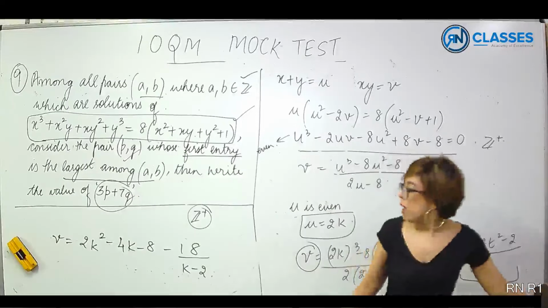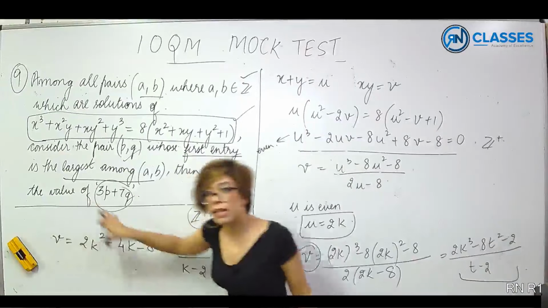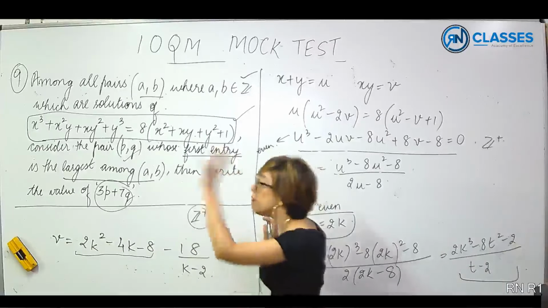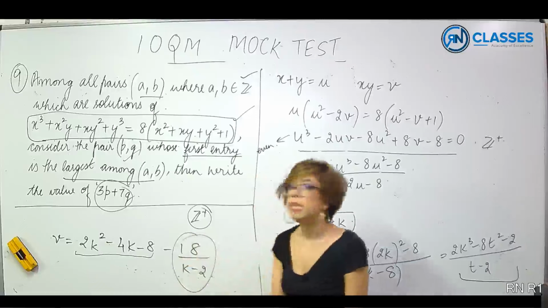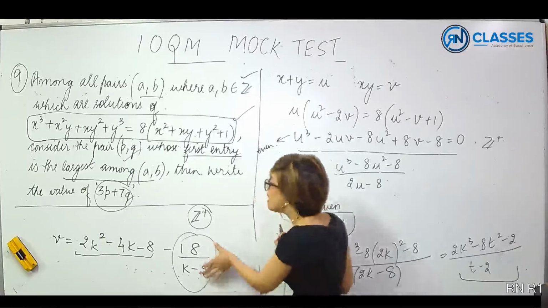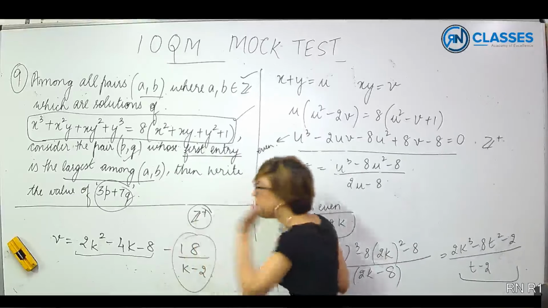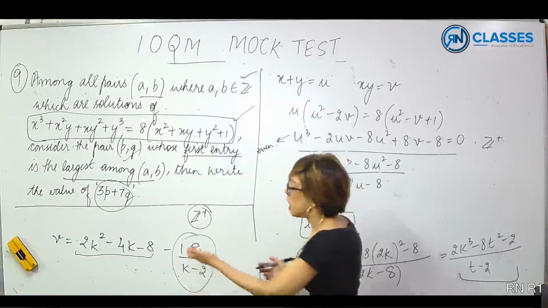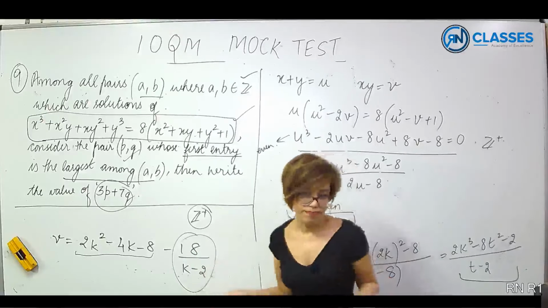Now, this is an integer. We know that k is an integer. So that means this entire quantity is an integer. That means for v to be an integer, this quantity has to be an integer. Mind it, this is 18 divided by something. If this is an integer, 18 must be divisible by k minus 2. Now, there are hardly any ways. Either k minus 2 can be 1, obviously.